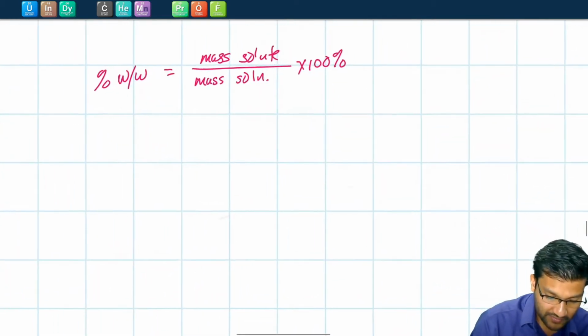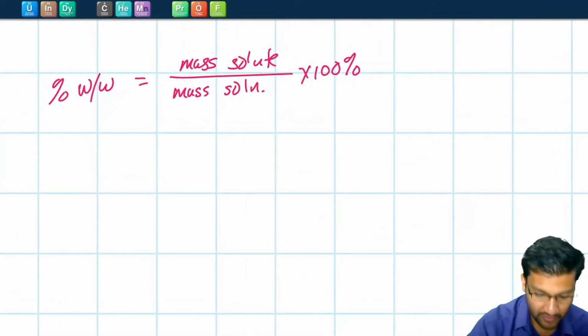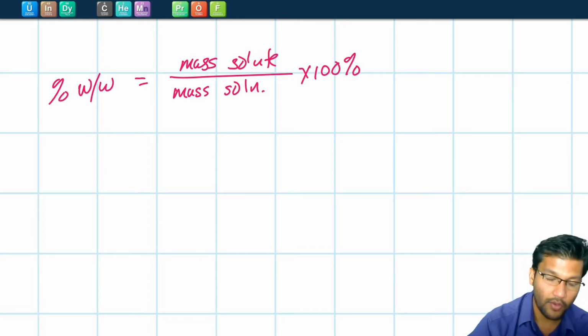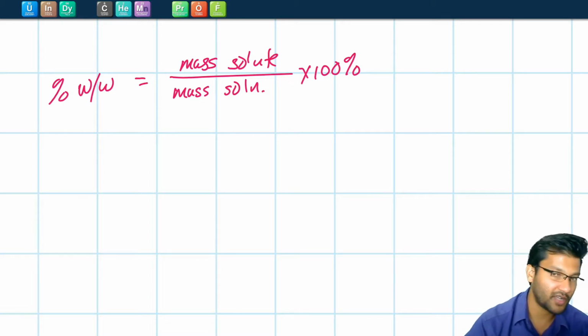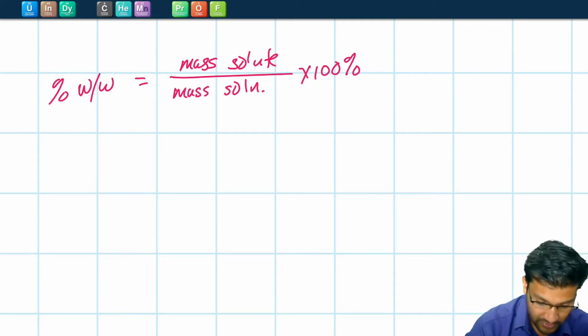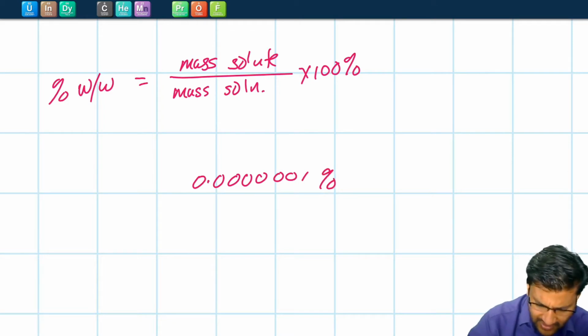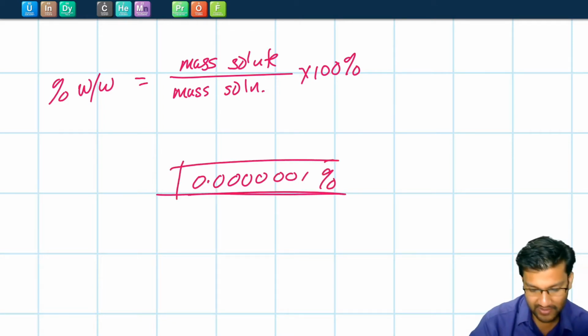And so we use this for different types of concentrations where the percentage of the total solution is a reasonable number. However, in some cases, the concentration is so small, for example, you might have a mass percentage of 0.0000001%. That's way too small of a number to express as a percent.